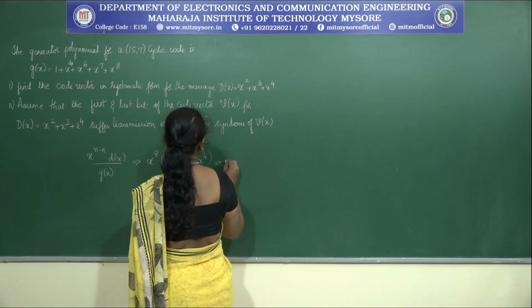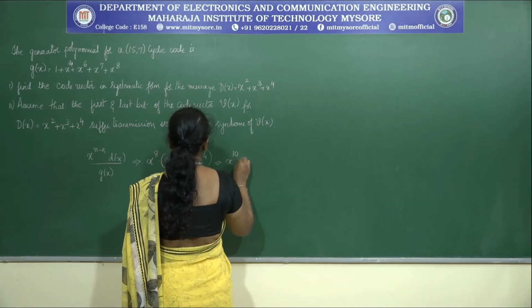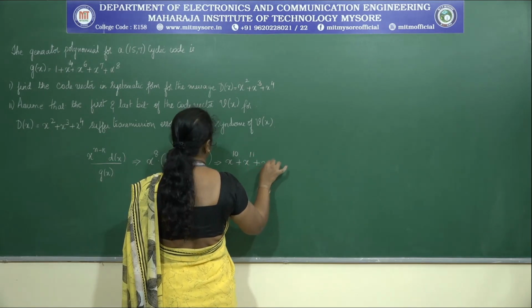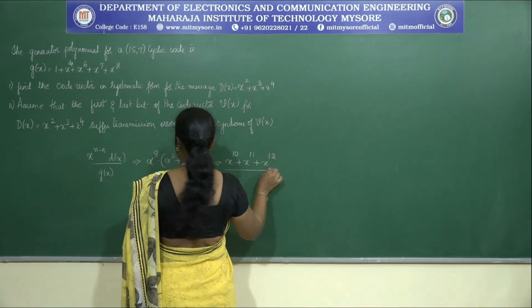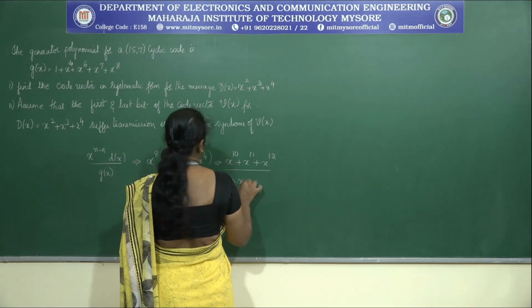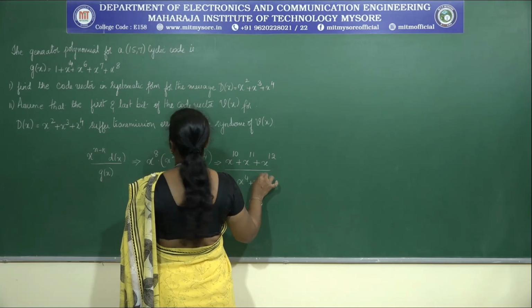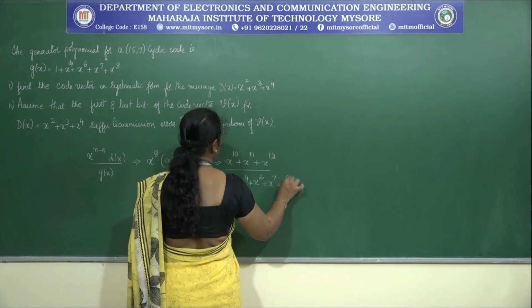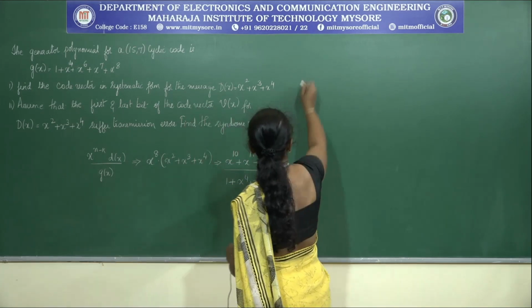So which is equal to x to the power of 10, x to the power of 11 plus x to the power of 12, divided by your g of x, which is 1 plus x power 4, x power 6 plus x power 7 plus x to the power of 8.